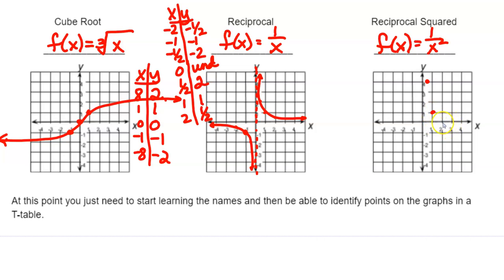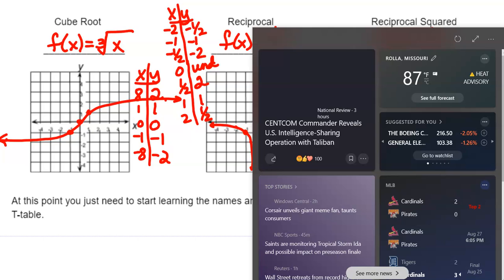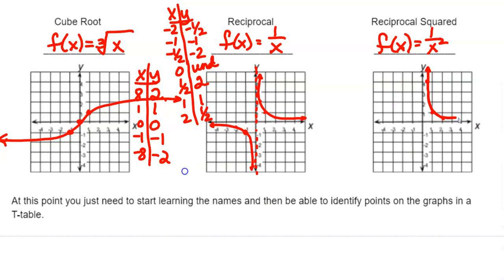If I throw in 2, 1 over 2 squared, so 2 squared is 4, so a 1/4, I end up getting pretty much the same thing. Now they are different because the points wouldn't be exactly the same as what we have over here with this reciprocal function.